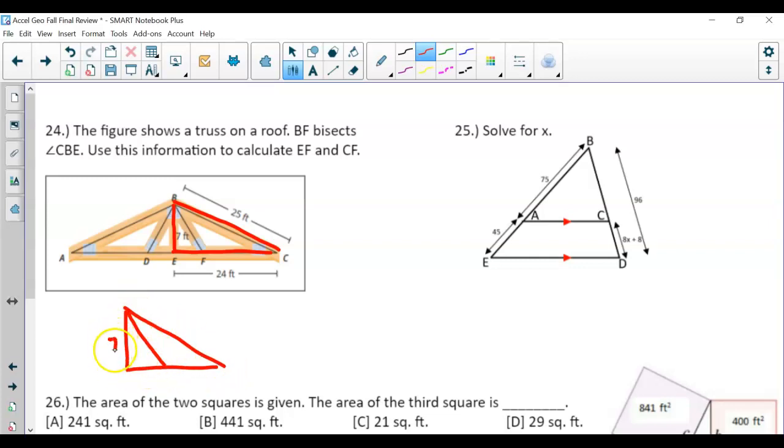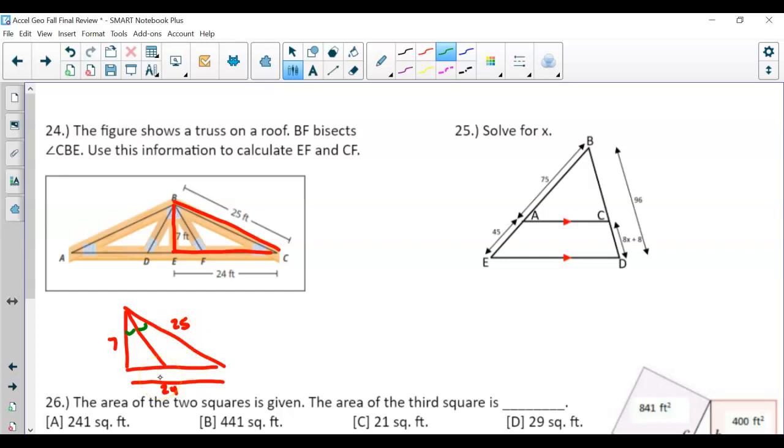Notice that this is 7, this whole side is 24, and this side here is 25. We are also given that BF bisects this angle. So we have an angle bisector. That means that these pieces are similar to each other.